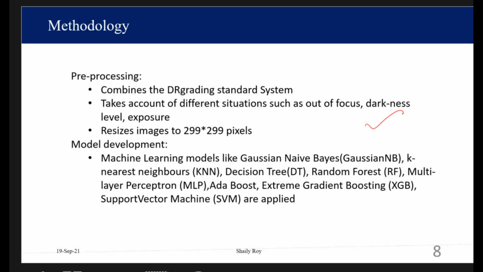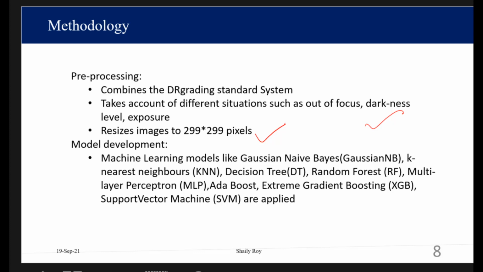Then, after filtration, it also crops dark regions and only the region of interest is selected. Finally, the images are resized to 299 by 299 pixels. It's because it's hard to process data of big size and the work gets good accuracy with 299 by 299 pixels.